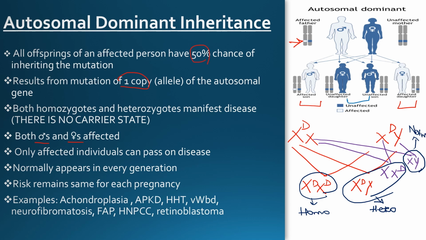And this leads us to a 75% probability of the offspring being affected, whereas 25% will be normal. The risk remains the same for each pregnancy, and some examples include achondroplasia, adult polycystic kidney disease, HHT, von Willebrand disease, neurofibromatosis, and so on.